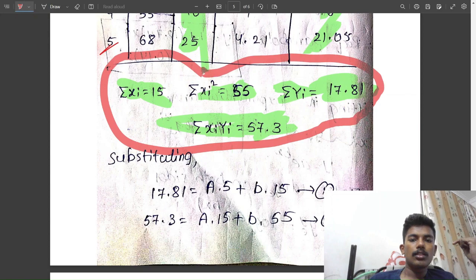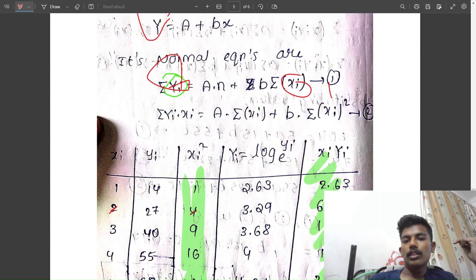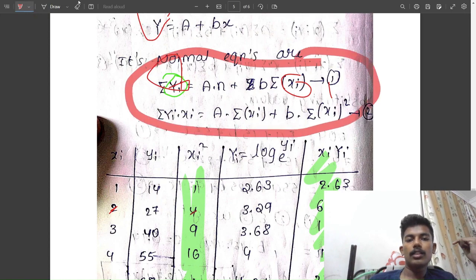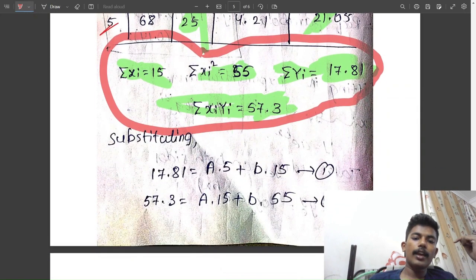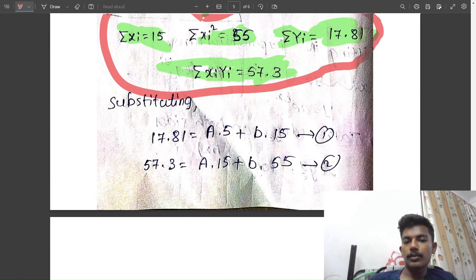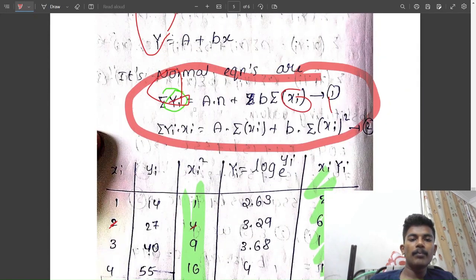in these normal equations, we will get the required normal equations. So by substituting the values, I'll clear this one.